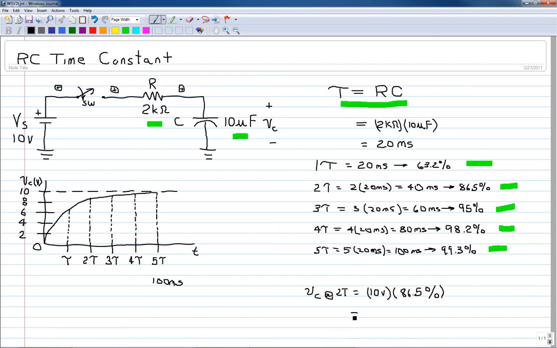Multiplying this out, this comes out to be 8.65 volts at 40 milliseconds.